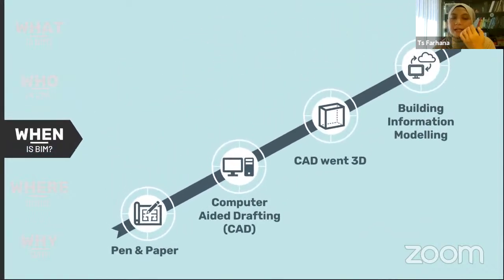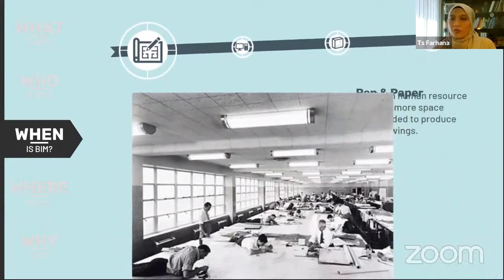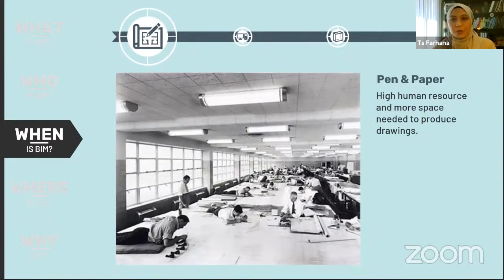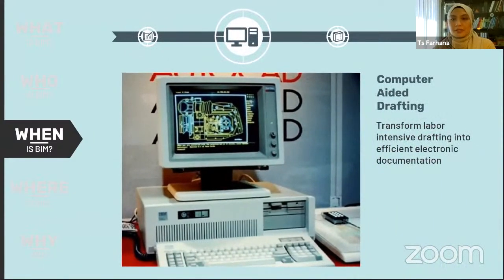So I would like to share when is BIM. Most of you might think, oh, this is new, right? Before this, we use pen and paper. So of course, need high human resources and more space needed to produce drawings. Then after that, computer comes, then everyone is using CAD, computer aided drafting.